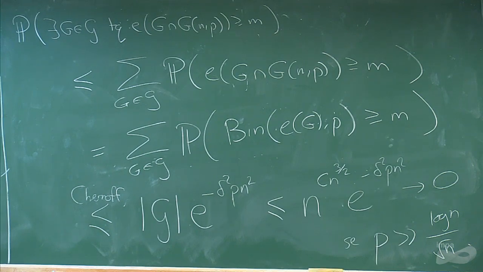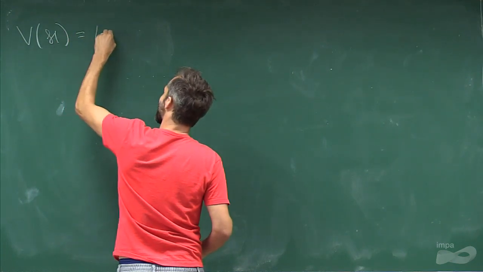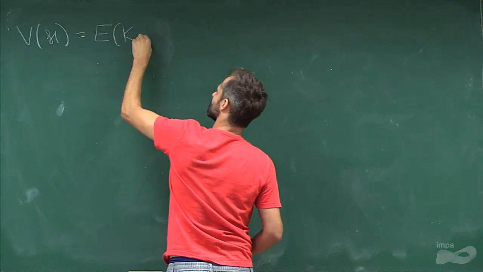So let's encode it. The first step is to rephrase this as a result about hypergraphs. So the hypergraph we're going to be interested in for this recoding is as follows. I'll call this the hypergraph that encodes triangles. The vertex set of H will be the edge set of the complete graph.